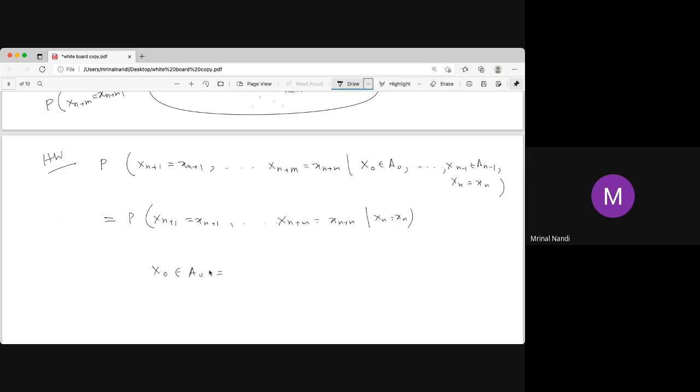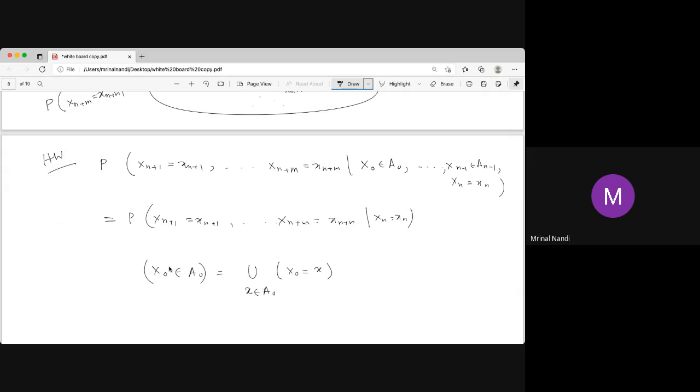This is nothing but a union of all x belonging to a0, x0 equal to x. This union of all such x. This a0 is a set, and take all the elements of it. Remember, this is a finite state, so a0 is finite, so some elements are there.